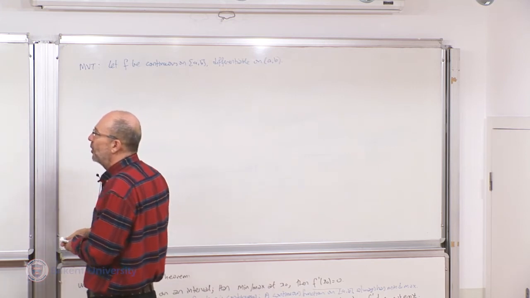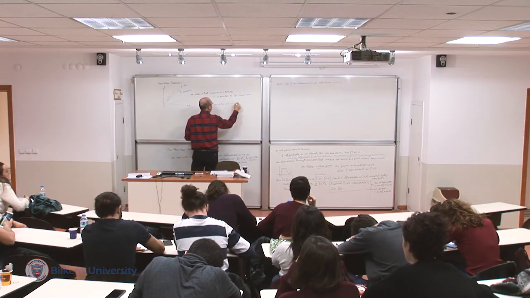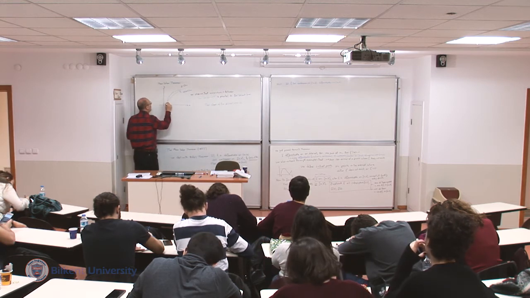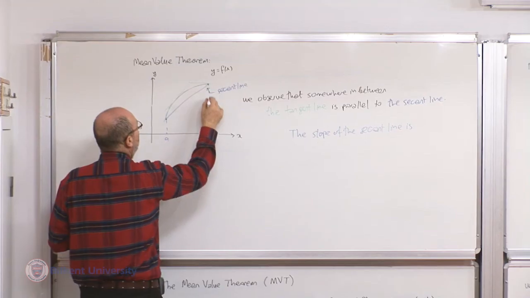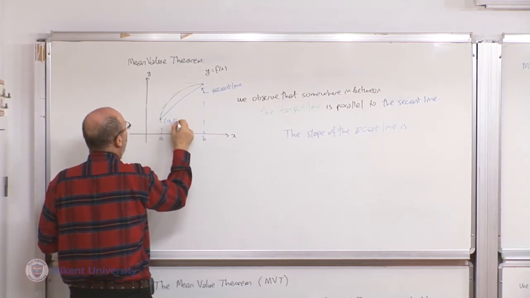What is the slope of the second line here? Let's go back here. Let's put numbers here. This is a, this is b. This point is (a, f(a)).